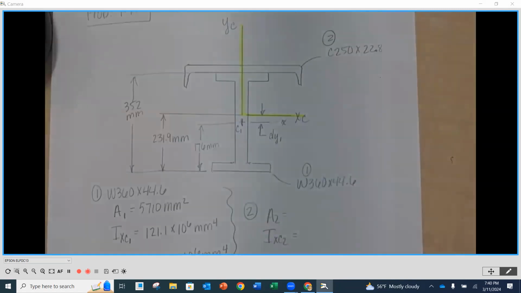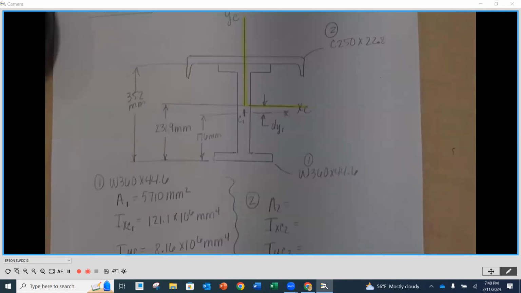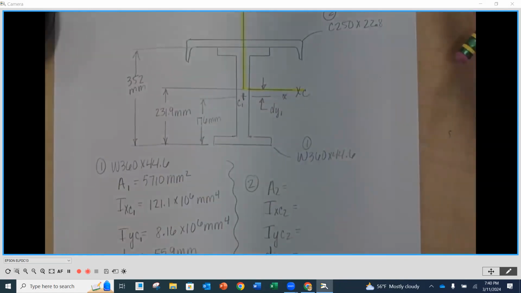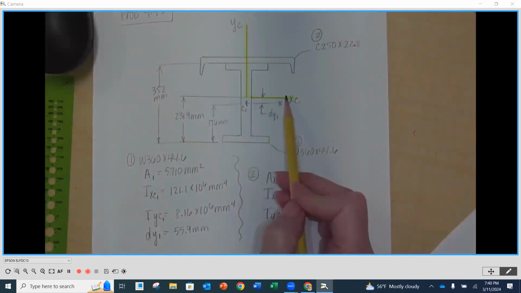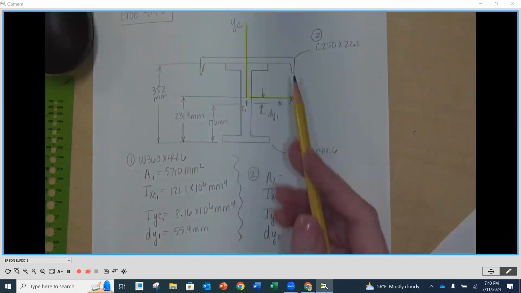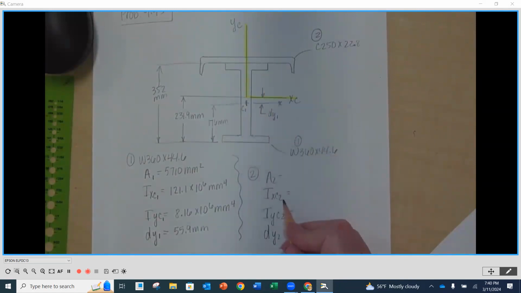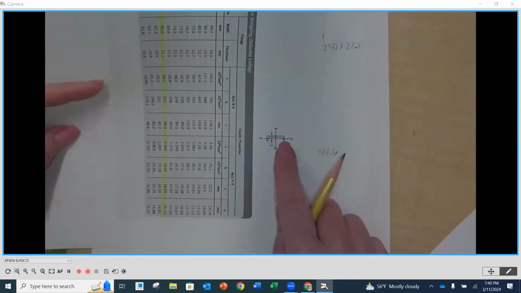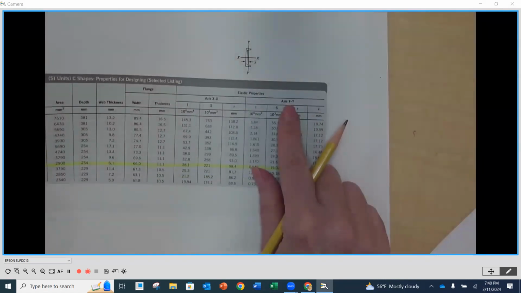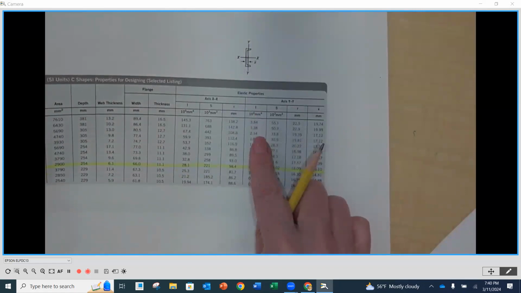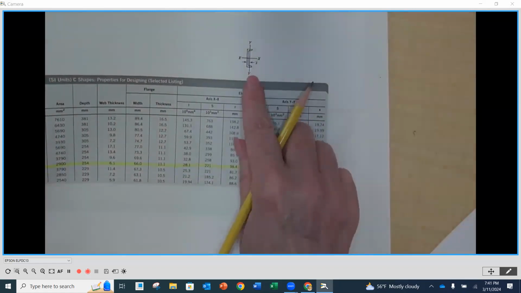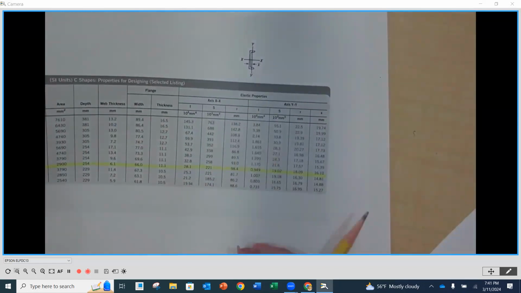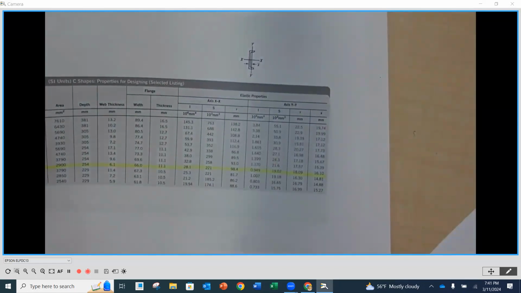So our x-axis is going to be the y-axis in the designation. So we're going to be using the y for that moment of inertia. And then for the x, we're going to be doing the y. I don't know how to say that.